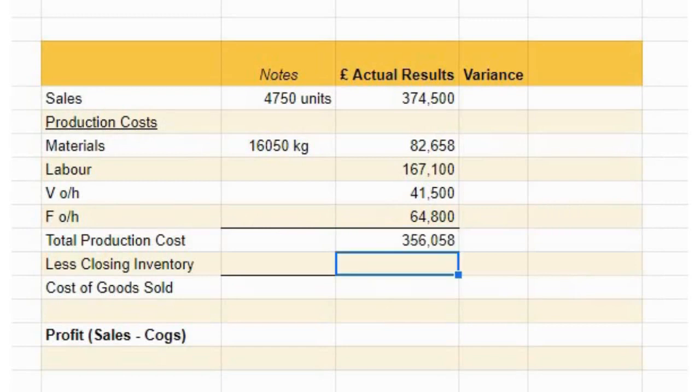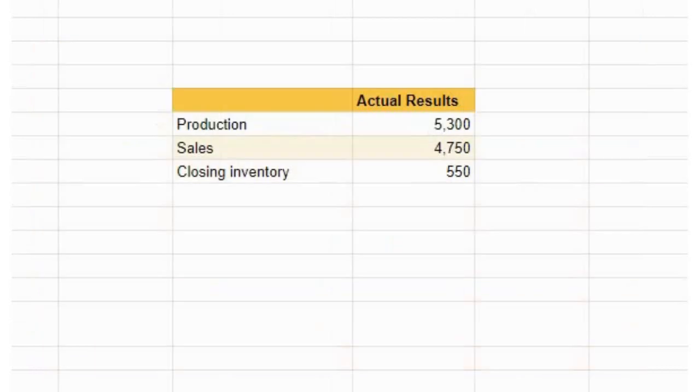So these represent actual results. Adding up the production costs, we get a total production cost of 356,058. And when it comes to closing inventory, we can see that there were 550 units of closing inventory from the actual results. So we put in 550 units times the standard cost, which is 67 per unit.